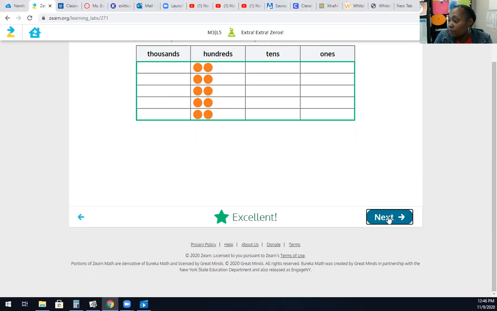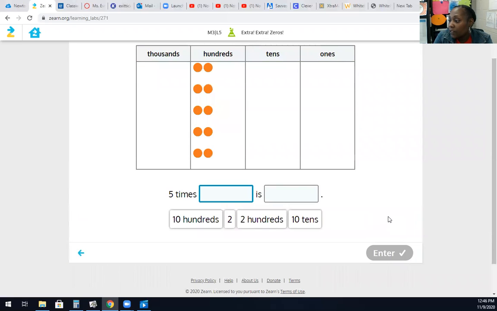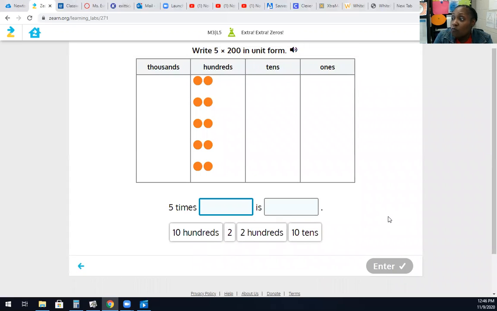Excellent. Now, we need to write, let's see what it says exactly. Write 5 times 200 in unit form. Remember what we said about unit form? Unit form is saying this name, hundreds. Instead of me saying this is anything 100, I'm going to say hundreds. So I had to do 5 times 200 in unit form.